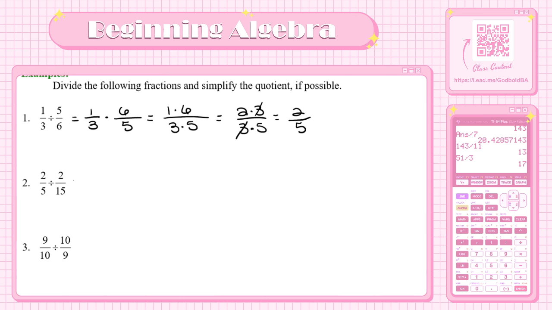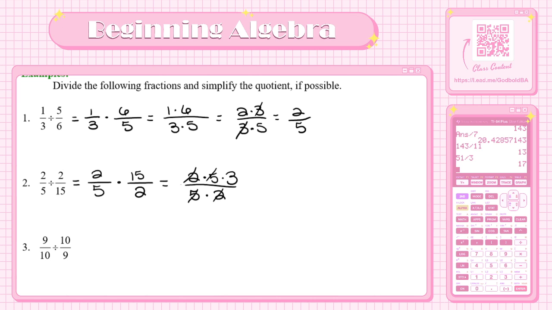Let's try it for the next one: 2 over 5 divided by 2 over 15. I need to multiply by the reciprocal. The reciprocal of 2/15 is 15 over 2. I've got my 2 here, my 5 here, 2 here, and 15, I'm just going to rewrite as 5 times 3.